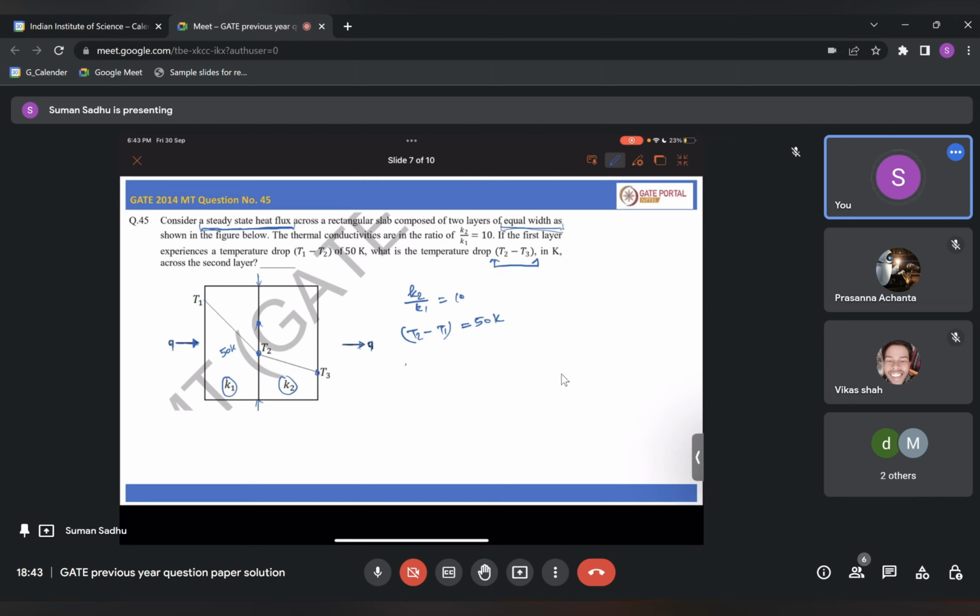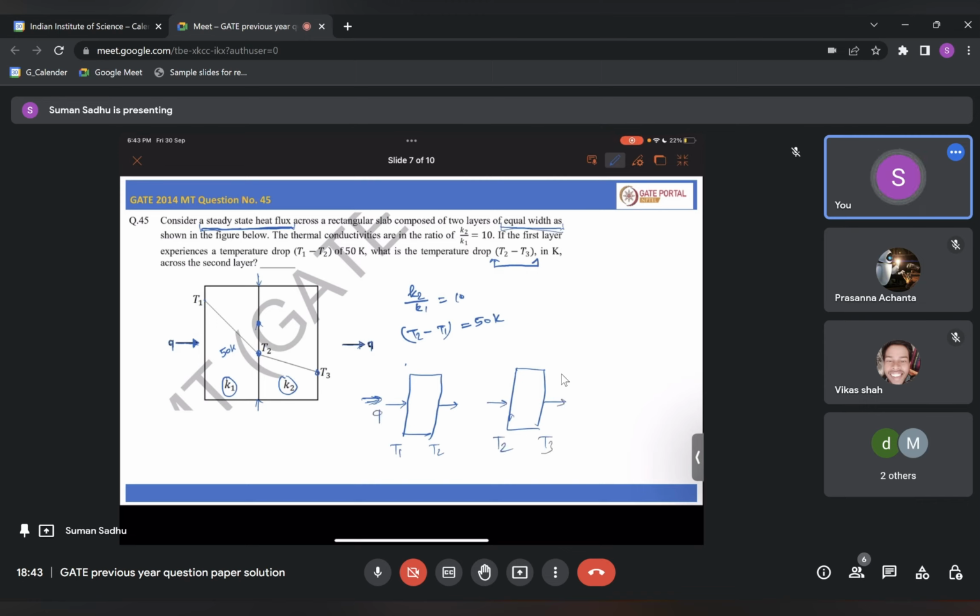come outside. Now let us break this slab into two pieces just for the sake of solving this question. Let's say this is T1 and T2, and this is T2, T3.